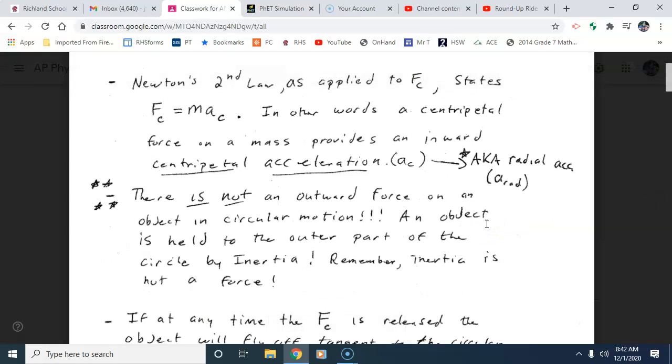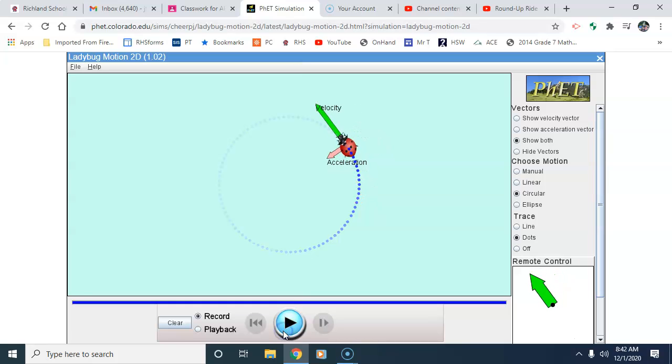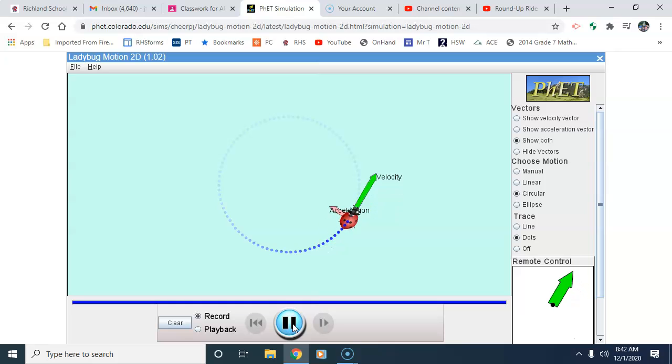One big misconception that we've got to be careful with is the fact that it sure feels like there's an outward force. All right. I can't change this simulation from being a ladybug, but let's pretend it's a car, and we're all passengers in this car. And we should all know from experience, when a car rounds a turn, especially if that car is going pretty fast and it's a sharp turn, the passengers inside may feel like they sway to the outside of the turn.